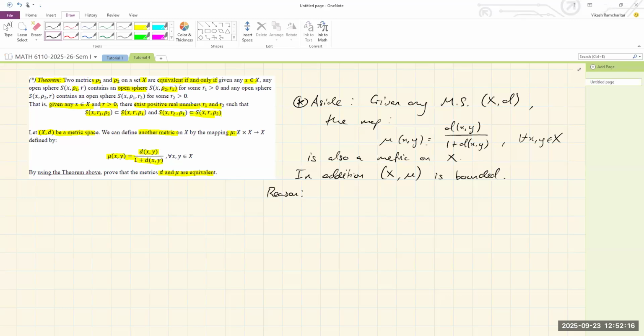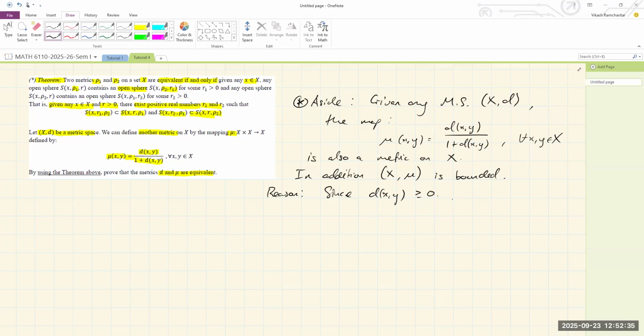If you look at mu, mu is D over 1 plus D. Remember D of x comma y is always bigger than or equal to 0.